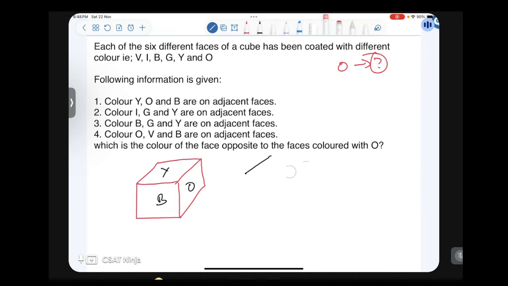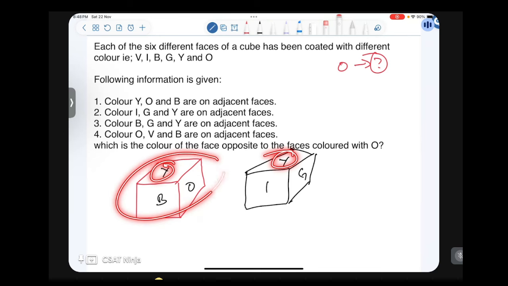Let's draw again. So which is I, G, and Y. So we need to find for O. You look here. You have Y here, you have Y here. That means just by using these 2 statements, I can find the value of this one.